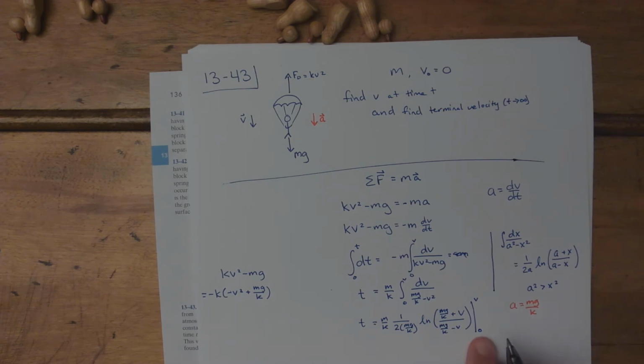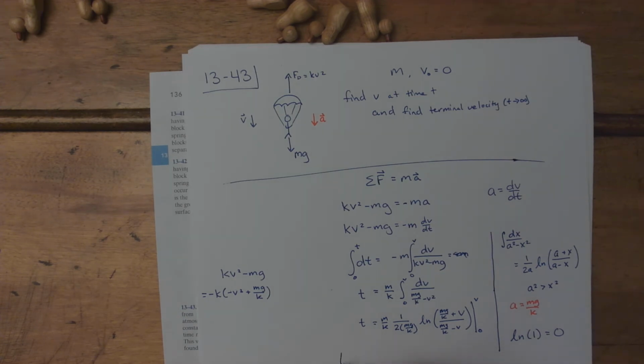When we plug in the lower limit of integration, we get the natural log of mg/k over mg/k, which is the natural log of 1, which is 0. So for the lower limit of integration, we just get 0, so we don't worry about that.